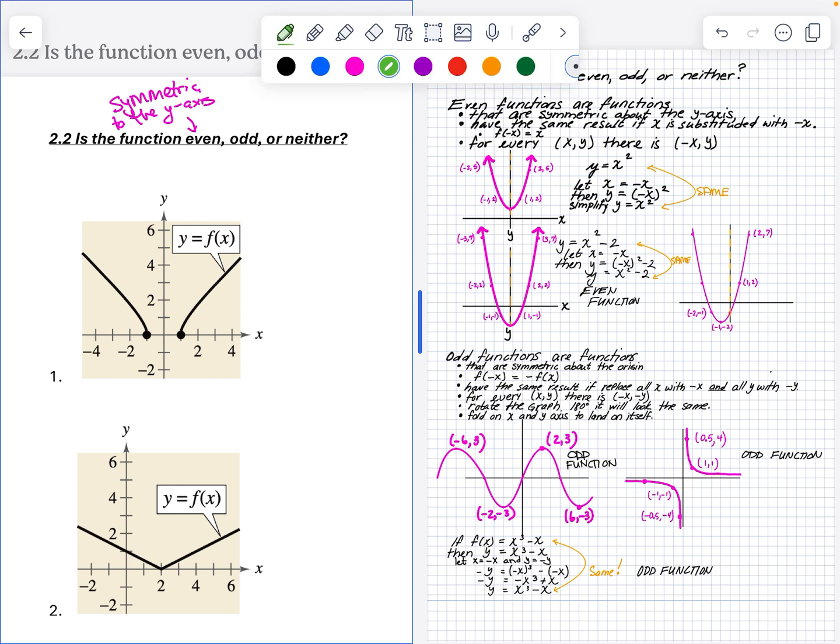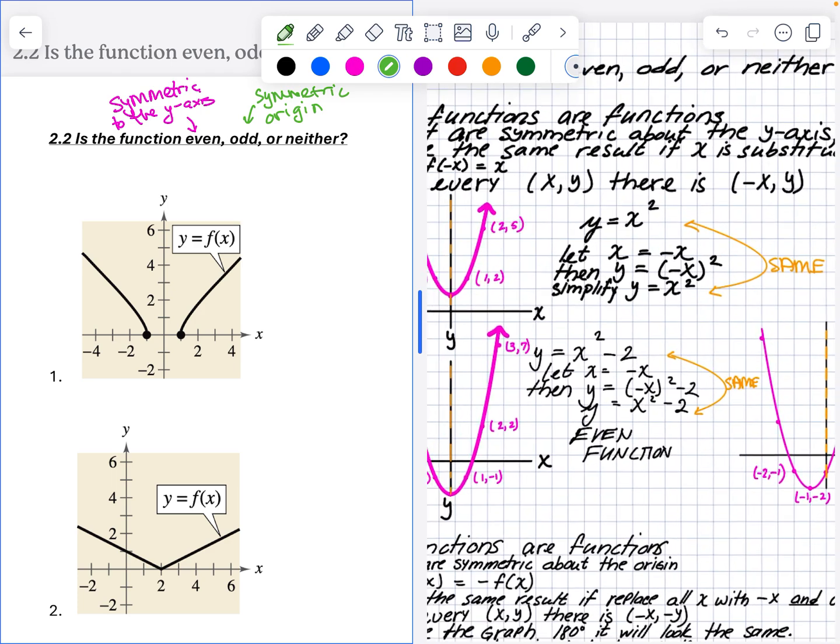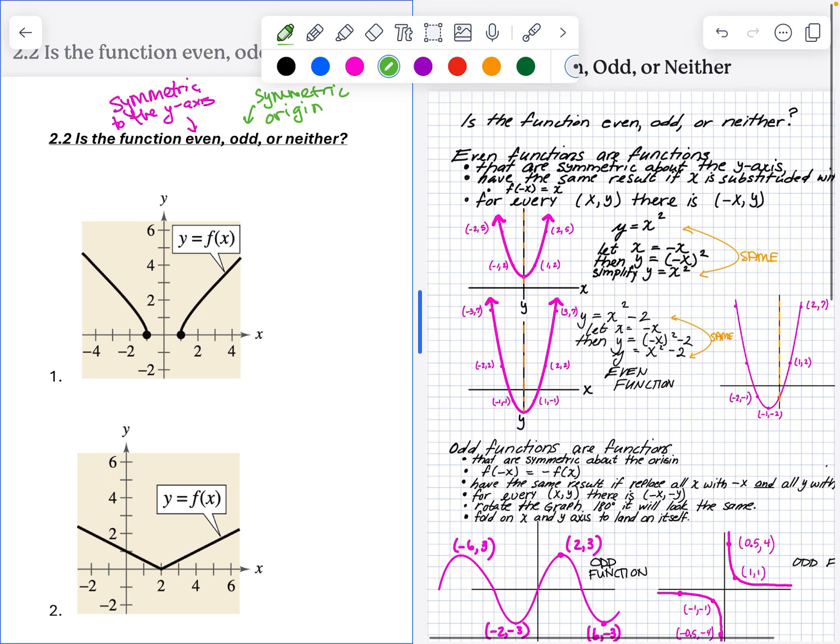It is odd if it is symmetric to the origin. Okay? And then, of course, I have all the notes that explain all of that over here.